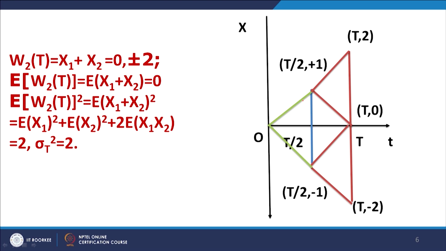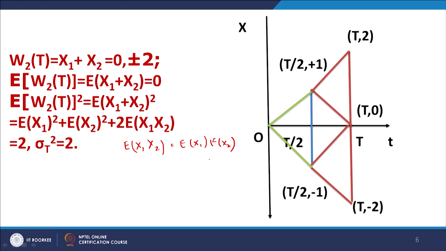Now, because x1 and x2 are independent events, I can write E of x1 x2 as E of x1 times E of x2, because the two coin toss experiments are independent, and we know that E of x1 is 0, E of x2 is also 0. So, this cross term x1 x2 vanishes, and we also know that E of x1 square is equal to 1 and E of x2 square is equal to 1.